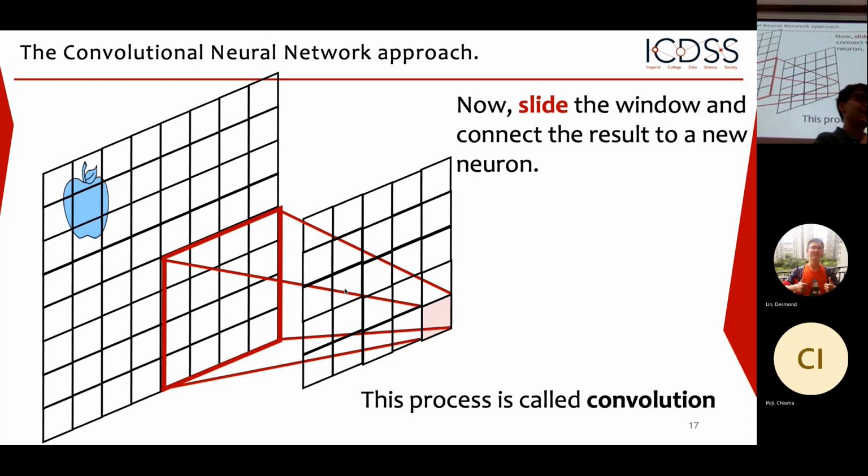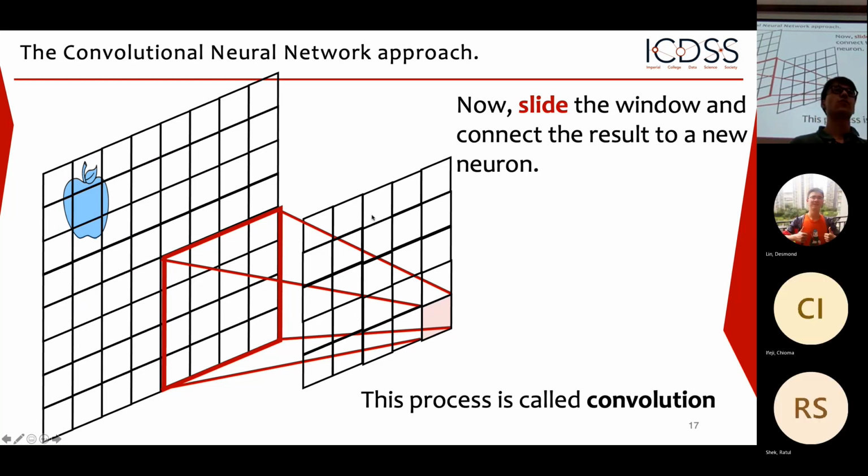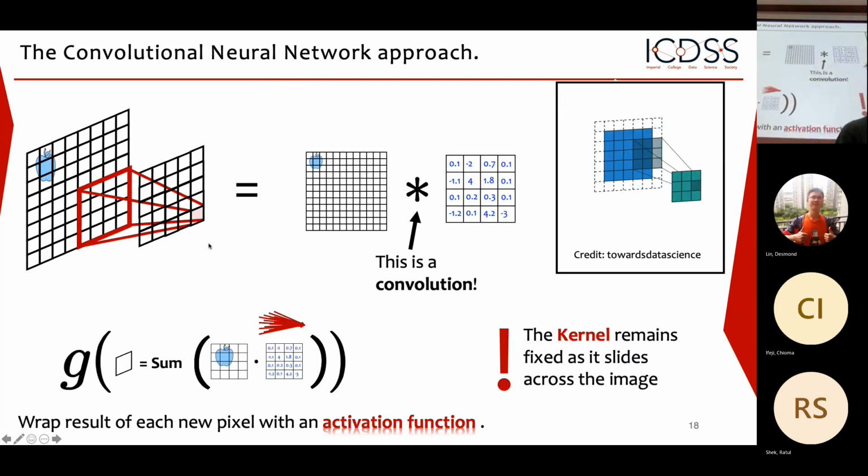And this process of sliding this window and calculating the value of these neurons is called convolution, okay? So I'm going now to show a recap of the convolution. So here's what we did. We started with an image.